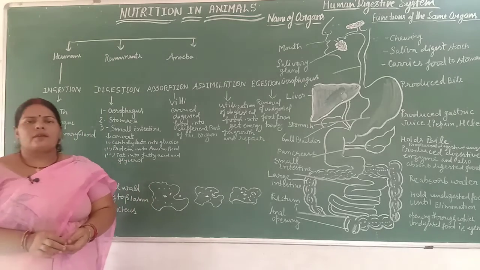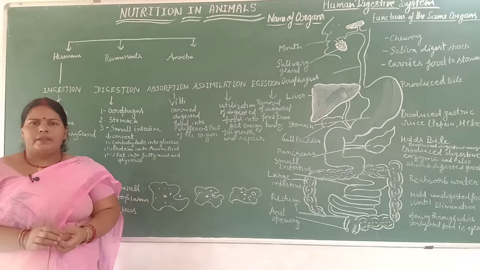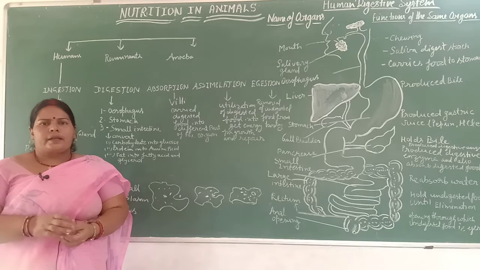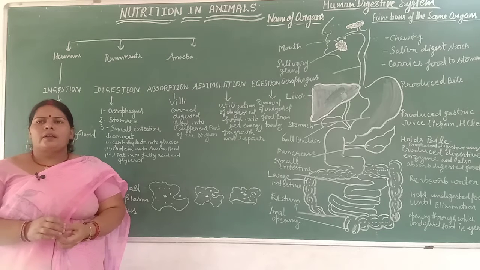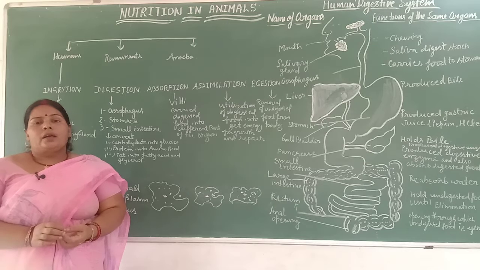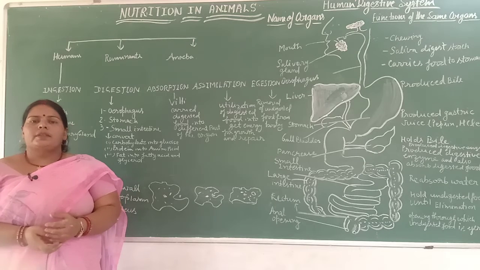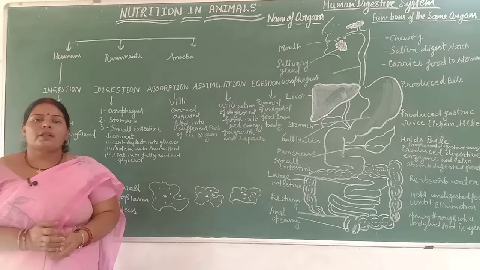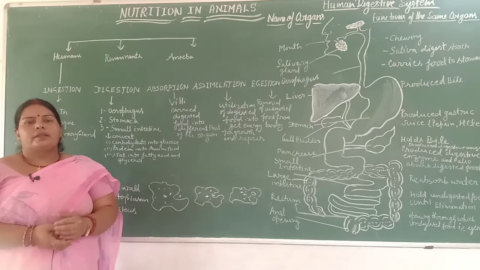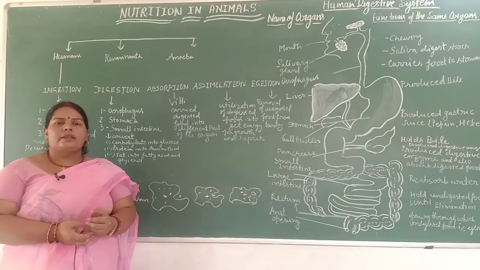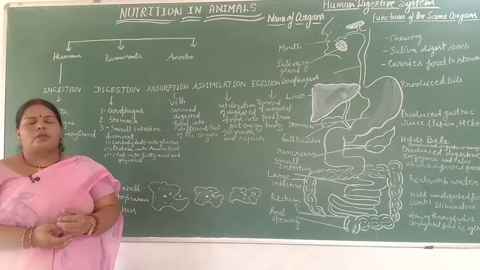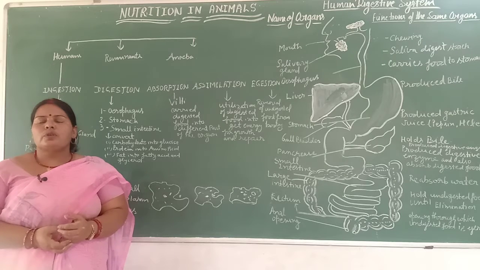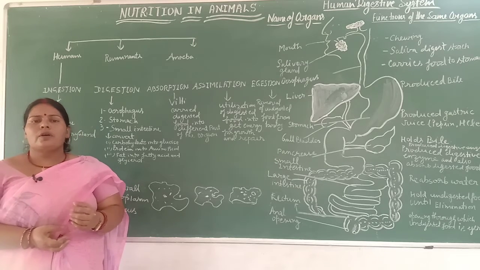After the age of 5 to 6 or 7, the milk teeth fall out, and after that the permanent teeth develop. There are four types of teeth found in your mouth: incisor, canine, premolar, and molar. They cut the food and chew the food.